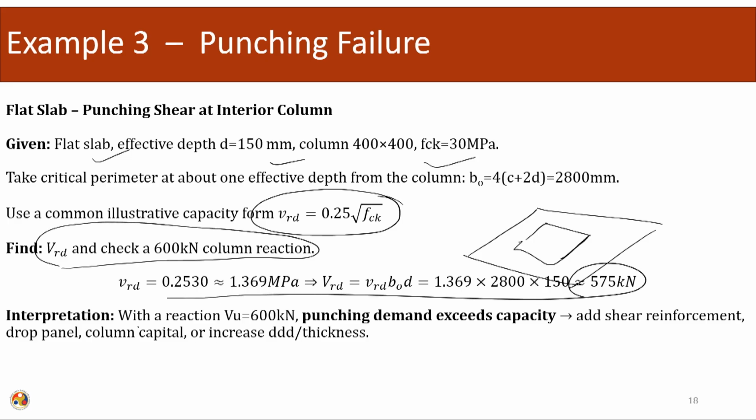The punching shear demand is 600 kilonewton, and the capacity of this particular section is 575 kilonewton. So, this is likely to fail in the punching failure mechanism. Here we need to add shear reinforcement in order to prevent this section from undergoing punching failure.